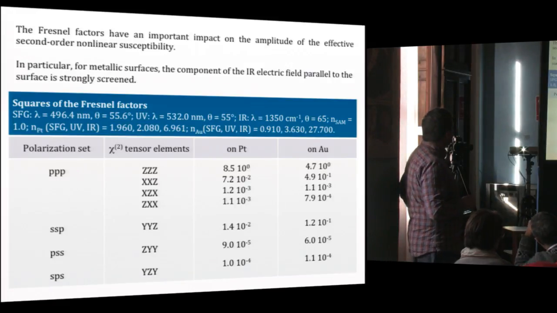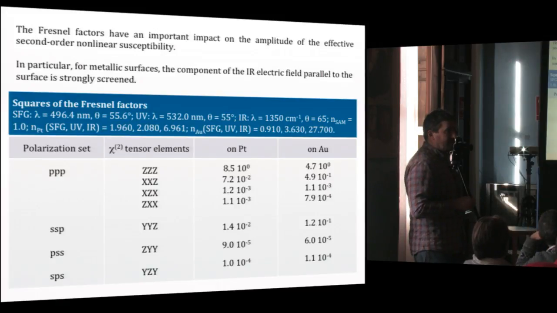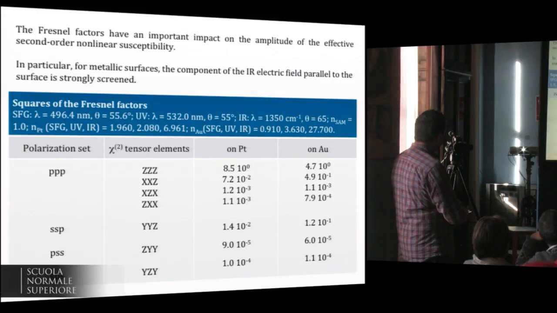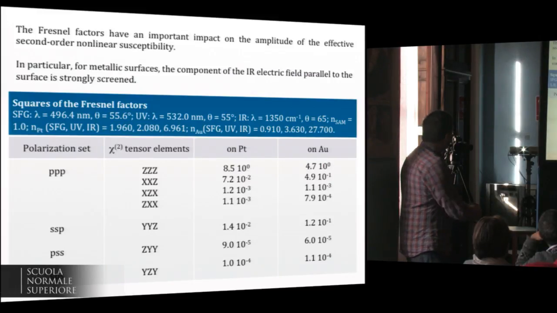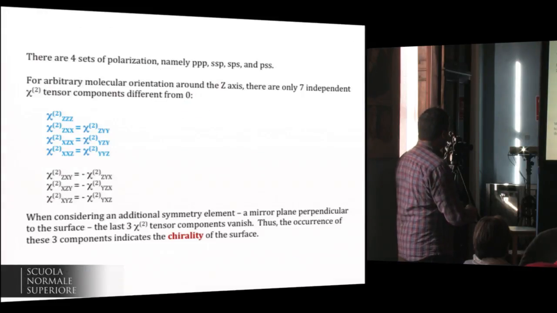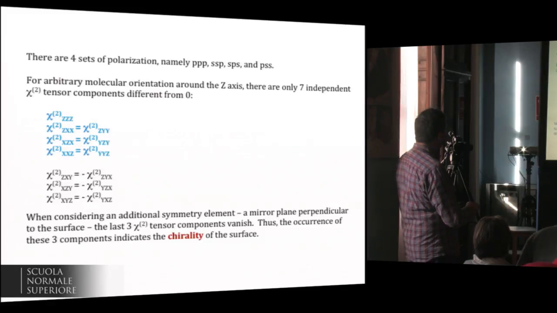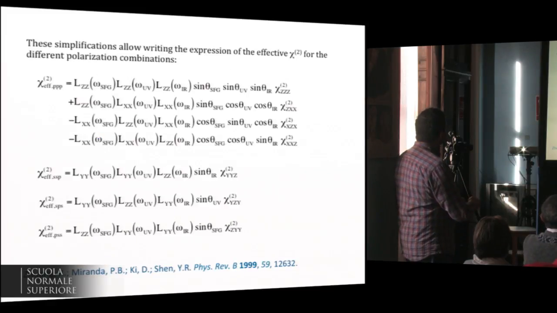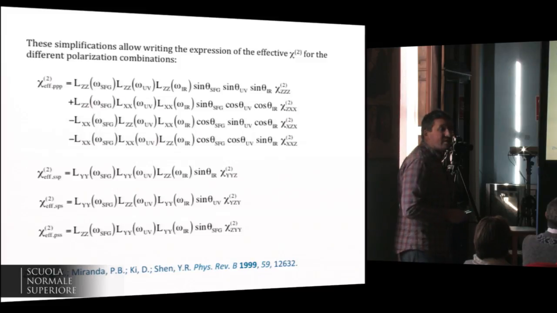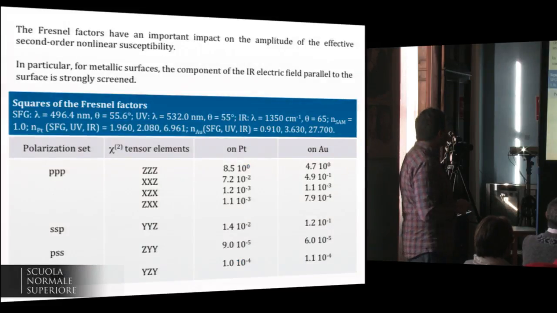So here are some details about the Fresnel factors. Just to show you that the Fresnel factors change a lot as a function of the polarization set or as a function of the considered tensor component, because I would like to come back to this. You see that to get the effective Chi2, you multiply a given tensor component by 3 of these Fresnel factors.